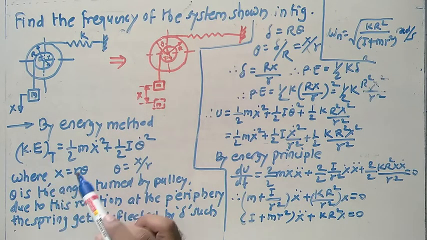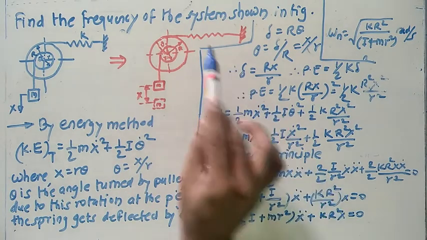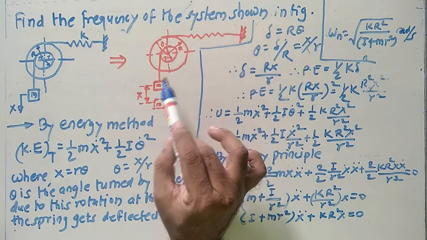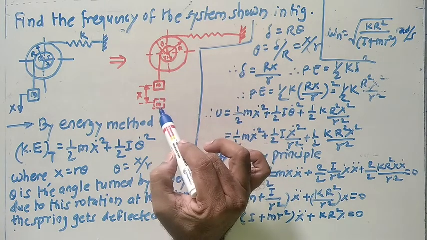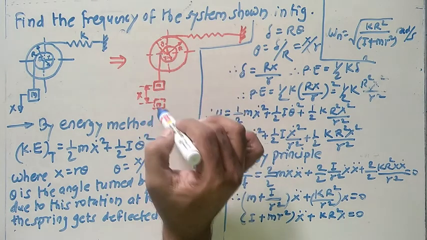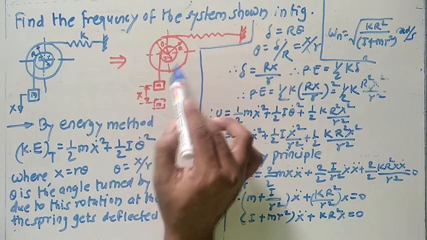In the next step, we can get the potential energy, as the system consists of the spring as well as the two masses. The first mass moves in the downward direction in translatory motion, and at the same time the pulley rotates.